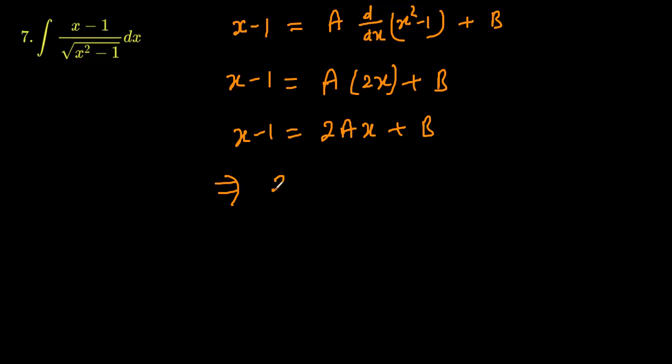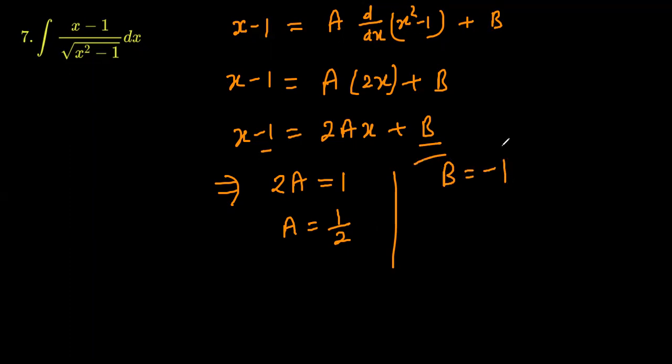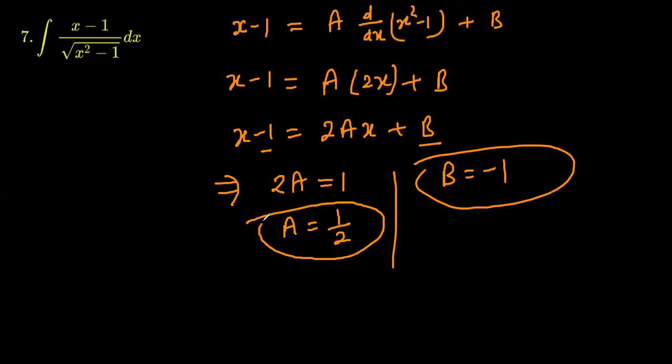So 2a, which is the coefficient of x on the right, is equal to the coefficient of x on the left, 1. So a is equal to 1 over 2. And equating the constant terms, here we have minus 1 and there you have b, so b is equal to negative 1. So we get the value of a as well as b.